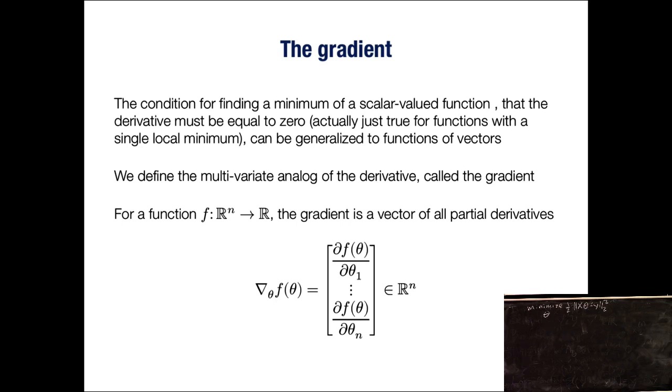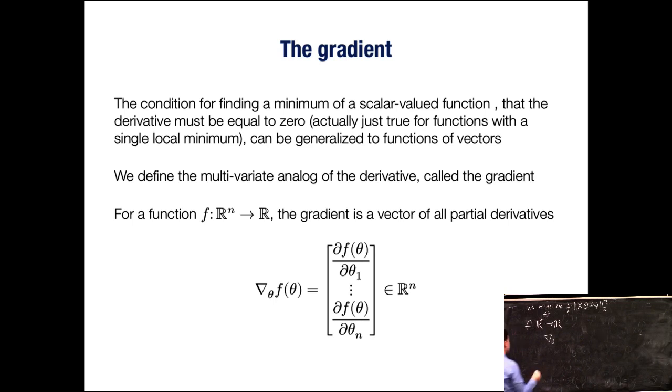So the gradient of a function is the simple generalization of a derivative to multivariate functions. If we have some function f, which is a function from Rn to R, then the gradient, which I'm going to write with this upside down triangle, gradient with respect to theta of this function f. I'll use theta rather than x here, it would just be confusing otherwise.